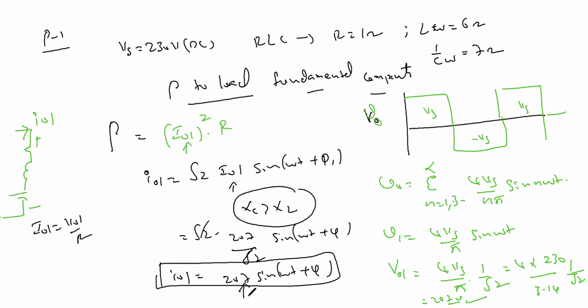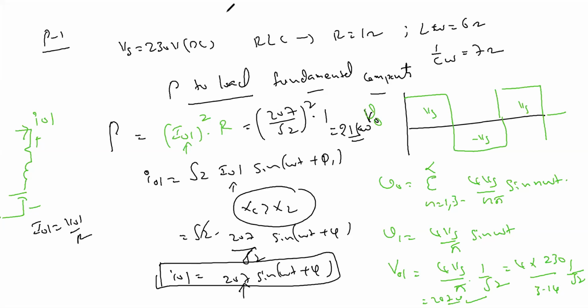This is actually IM is 207. So I can write here 207 by root 2, because it is RMS, IM by root 2 whole square into R. This is the one. So it comes to around 21 kilowatt.